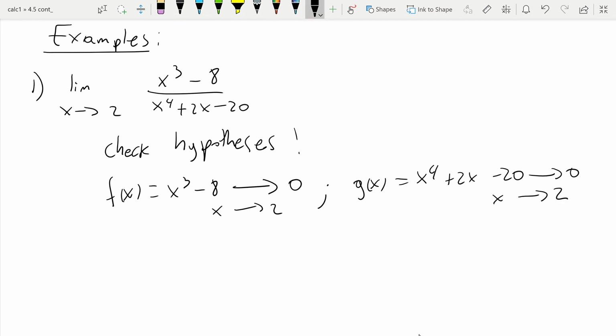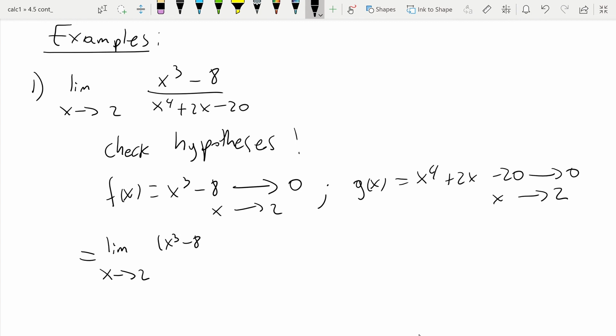So we're in a situation where we can apply L'Hopital's rule. And L'Hopital's rule then tells us that we can compute this limit here by taking derivatives of the top and the bottom.